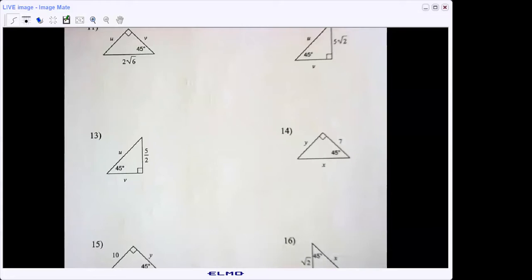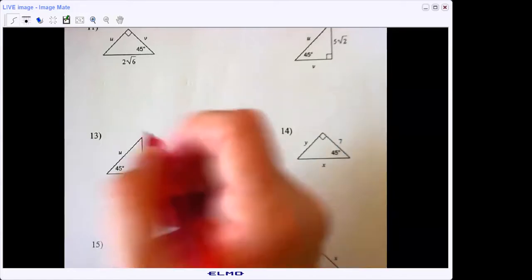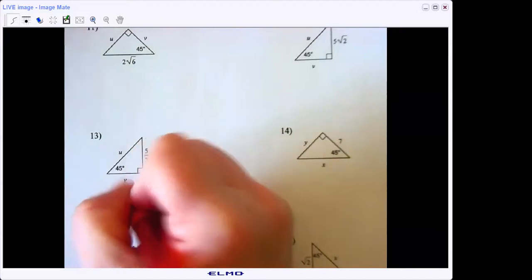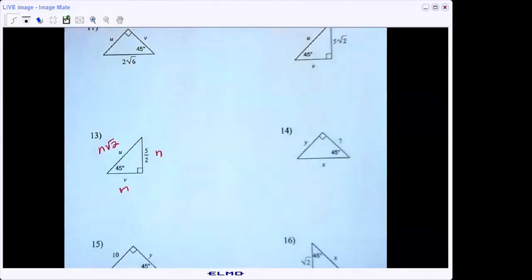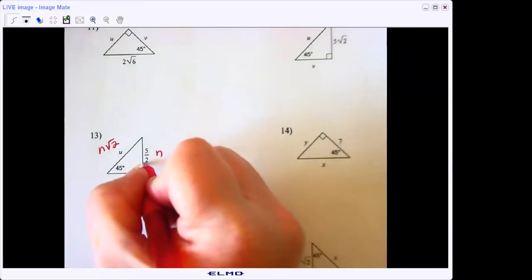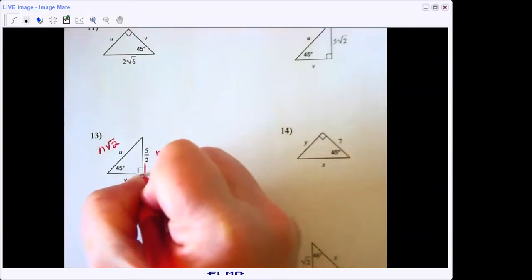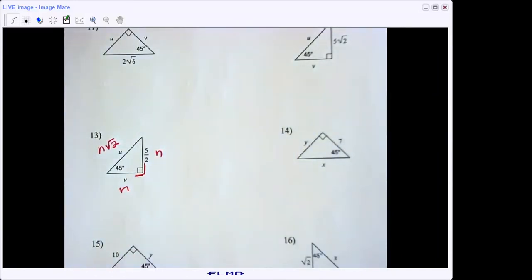Let me do that. If you label n, and n root 2, remember, these get a little tricky when they're not in the nice orientation. But remember that it's the 2 that connect the right angle. Those are going to be my n's. Those are the legs.